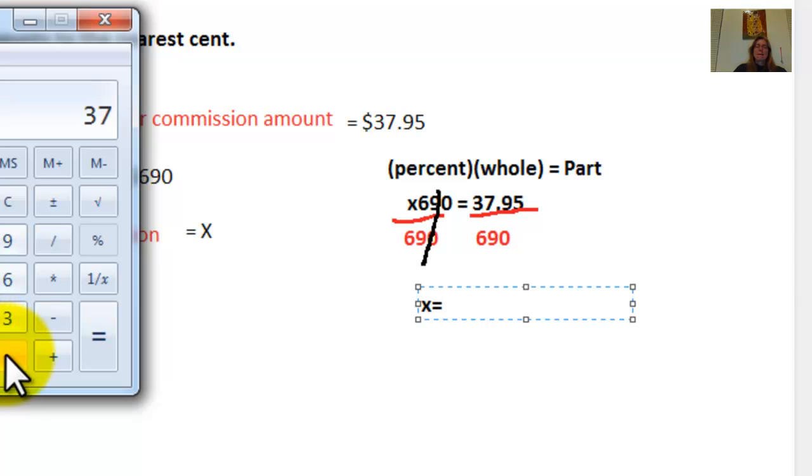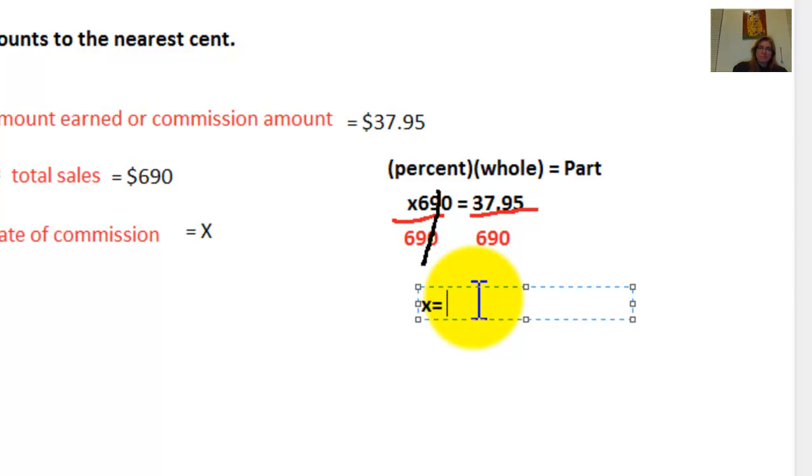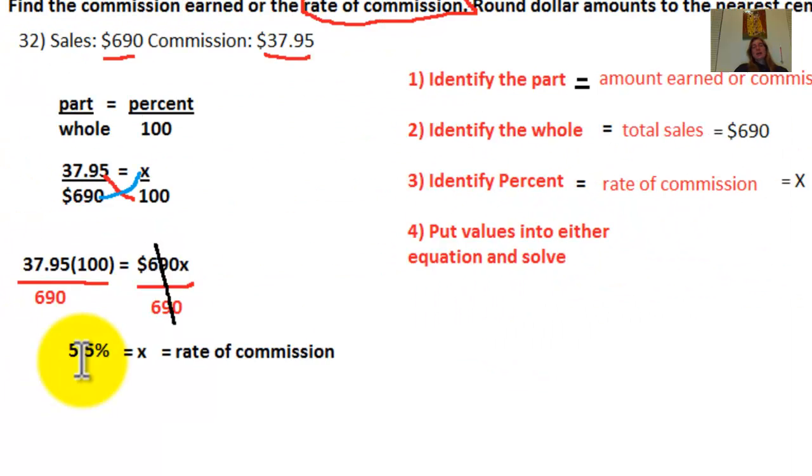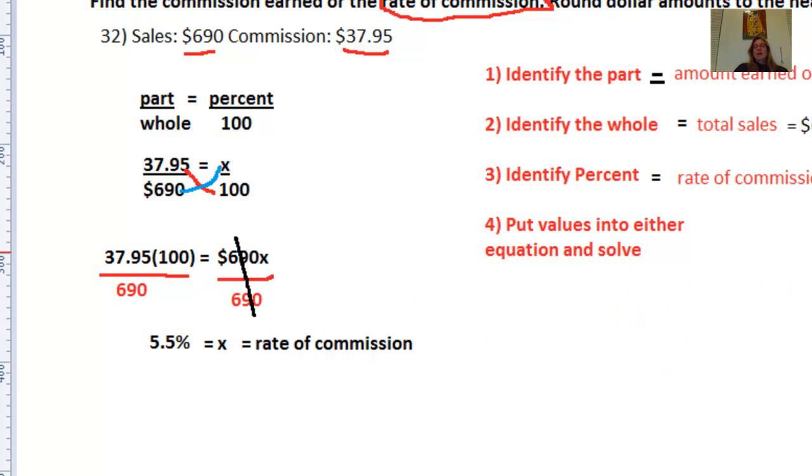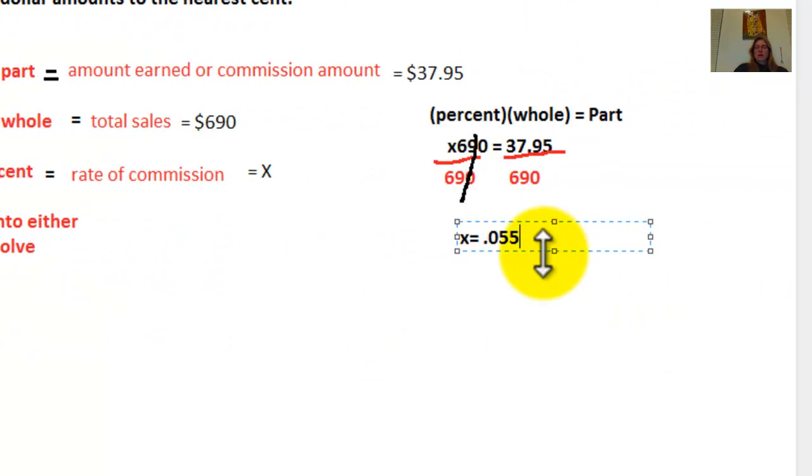$37.95 divided by 690 equals 0.055. So this is a decimal, and it doesn't look the same as the other answer, and it shouldn't. We have not put a percent sign on it.